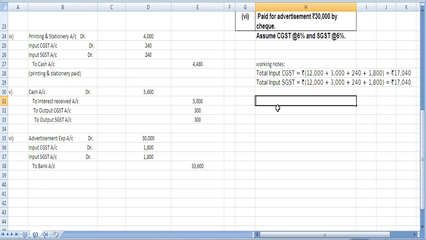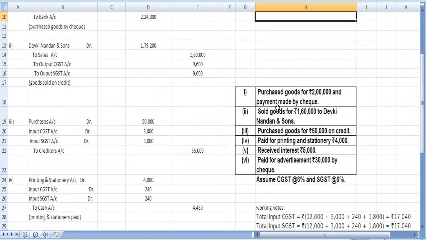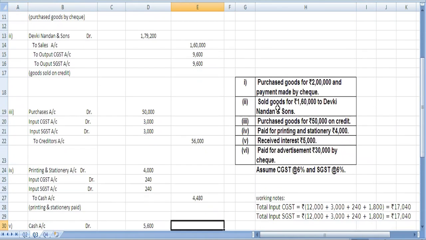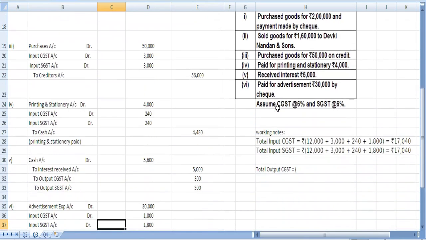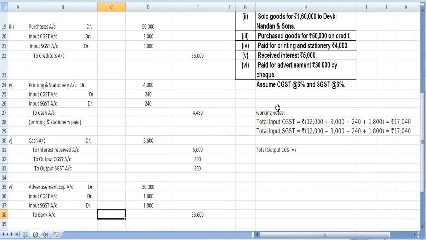Okay, the same we will do with total output CGST. Whatever is on the credit side we will add, and if we have anything on the debit side, then we will minus that. But we don't have any on the debit side.